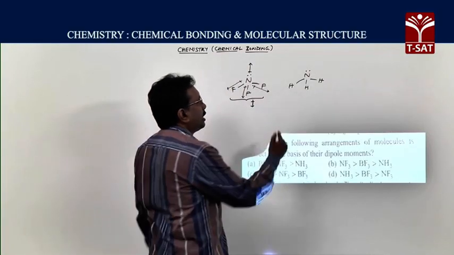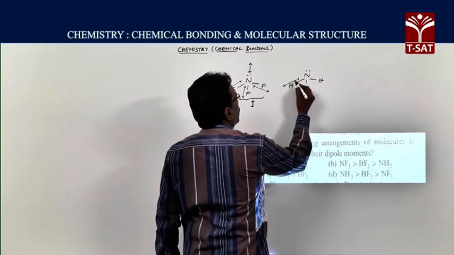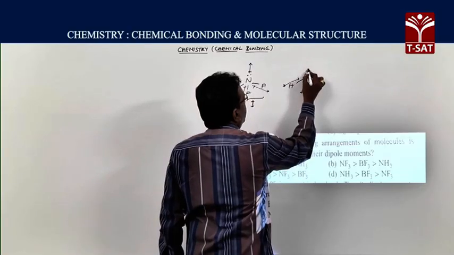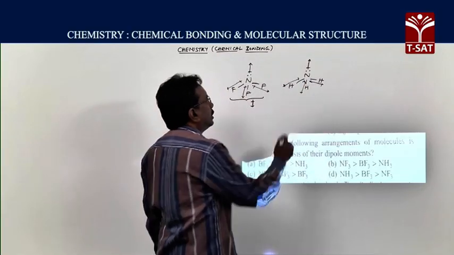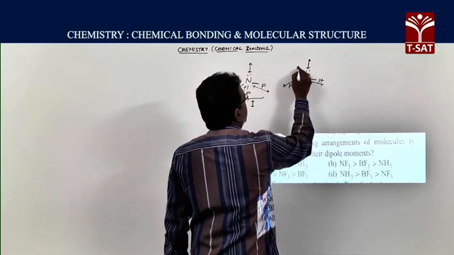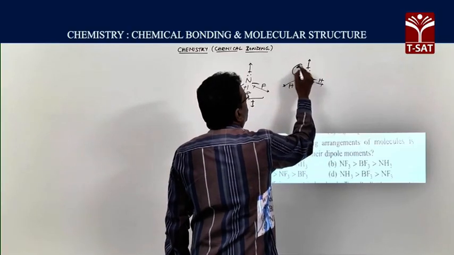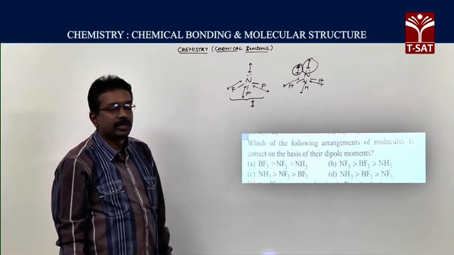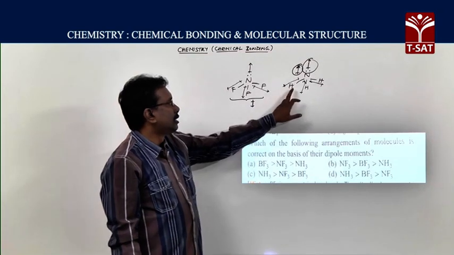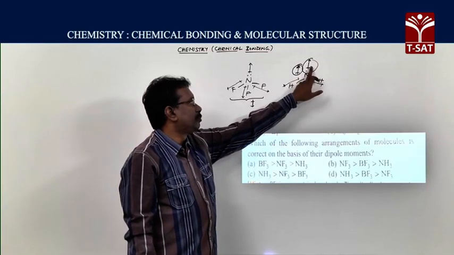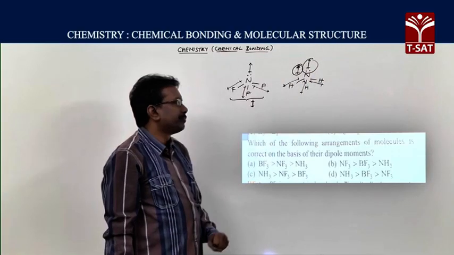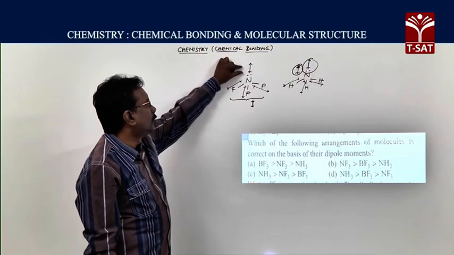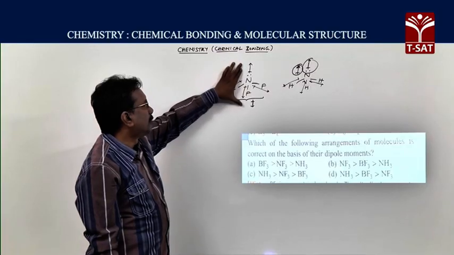But in the case of ammonia, nitrogen is more electronegative than hydrogen, and the resultant of these three bond moments is in this direction. So now both are in the same direction, and the resultant value becomes more. So here the bond moments and the lone pair moment are in the same direction, whereas in the NF3 molecule the bond moments and the lone pair moment are in opposite directions.